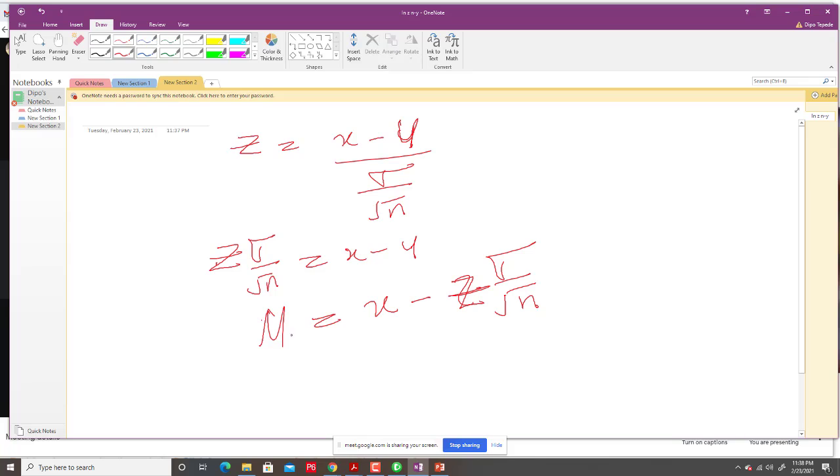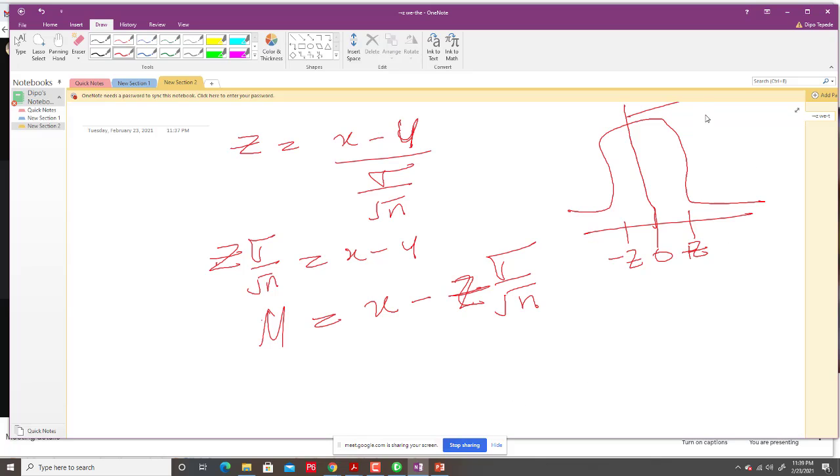The only thing is this: Z in a standardized normal has two signs. If this is 0, and Z here is plus Z, it is the same value as Z here, which is minus Z. Please note that, because this is symmetry.